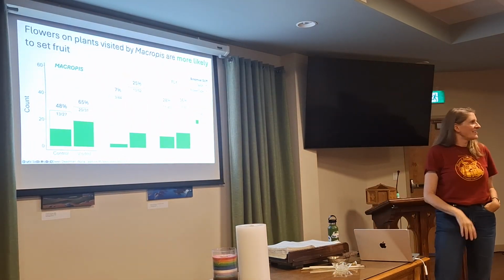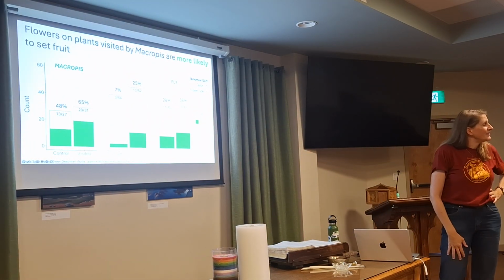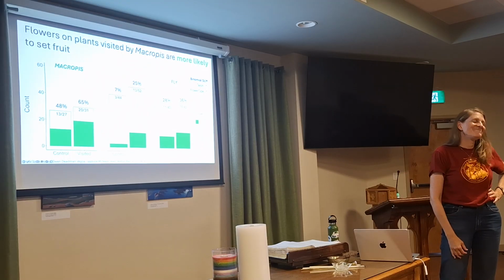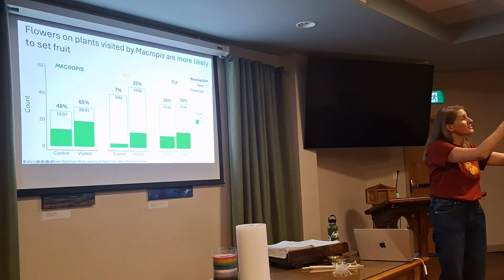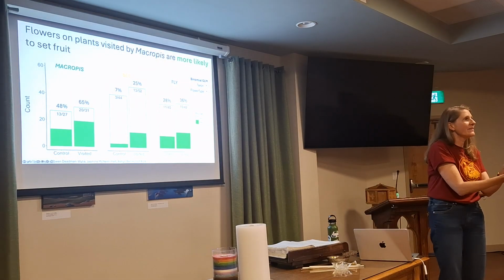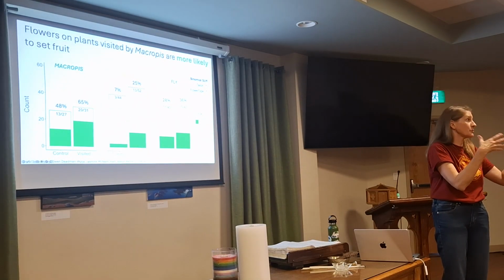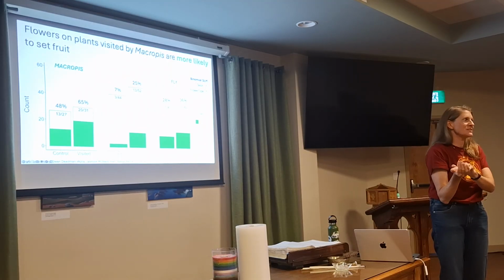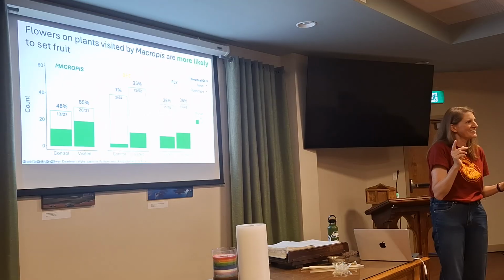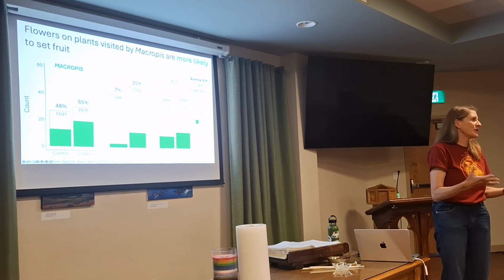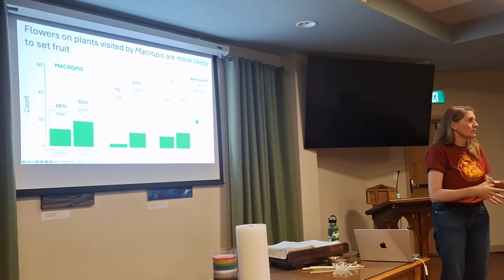So, I have a question. You come to the plant, you don't know who's been there before. Yeah, that's what I think it is. So ideally, in an experiment like this, you would bag the plant ahead of time, and then you're visiting flowers that are not previously visited. But when you're dealing with something as rare as Micropus, where we see on average 1 per 3 hours of observation, we can't rely on that method.